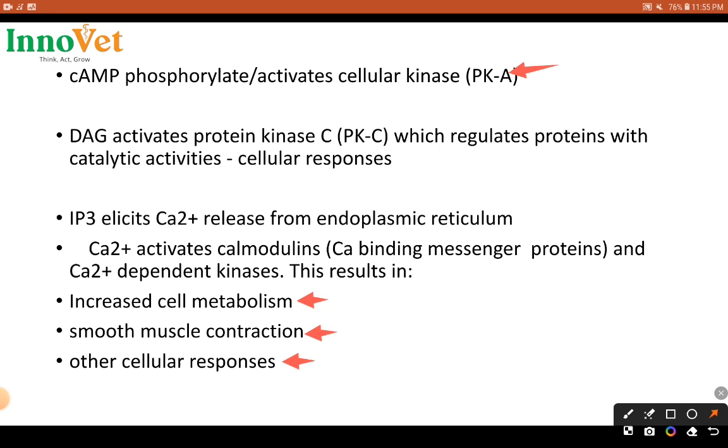All these will result in increased cell metabolism, smooth muscle contraction, and other cellular responses.